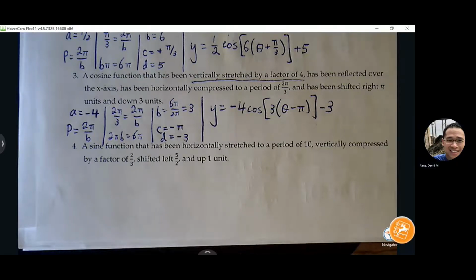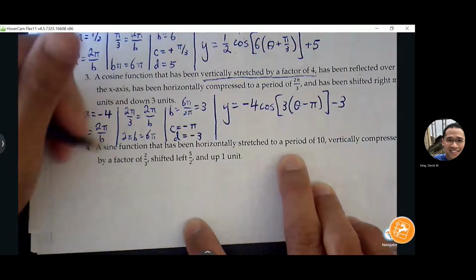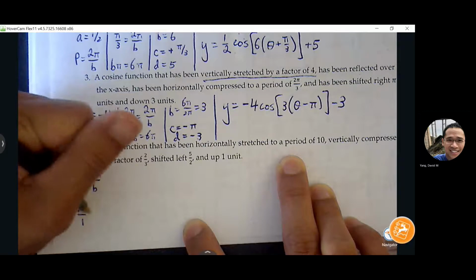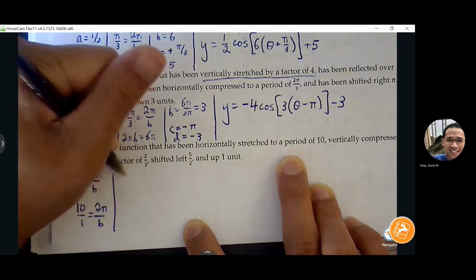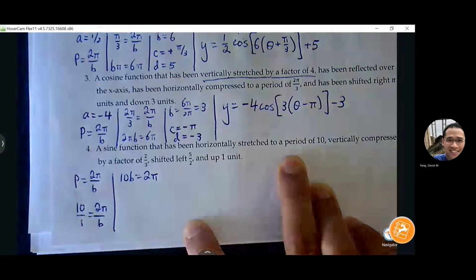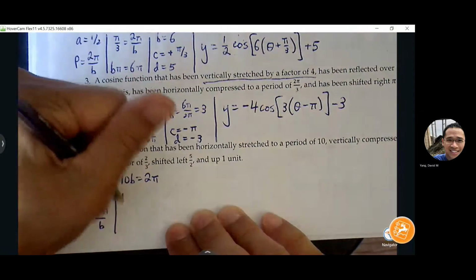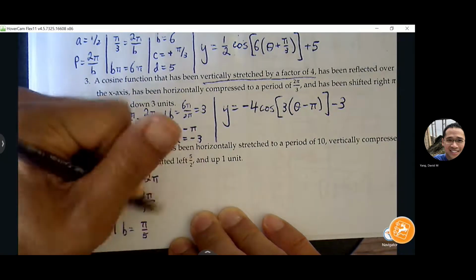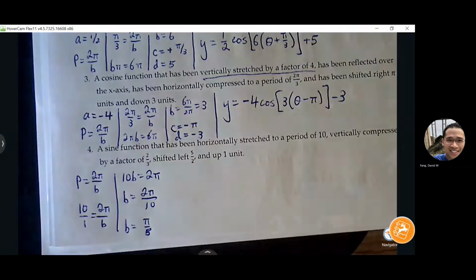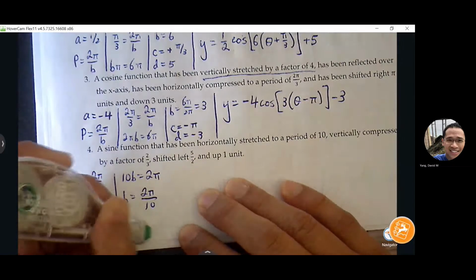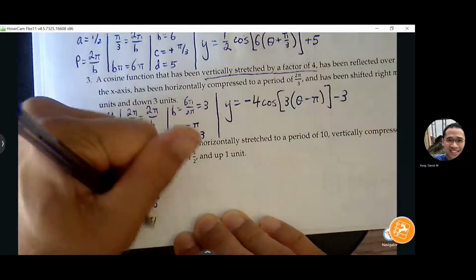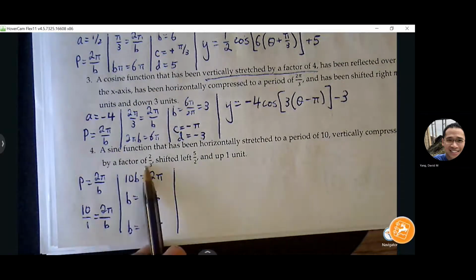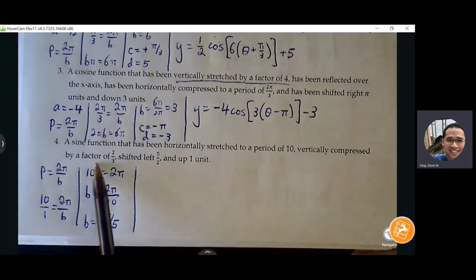All right, number 4. Vertically compressed by a factor of 2/3.